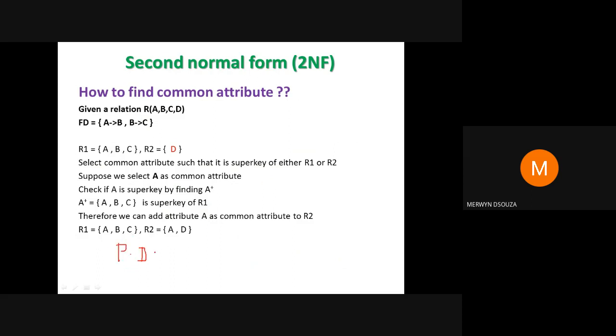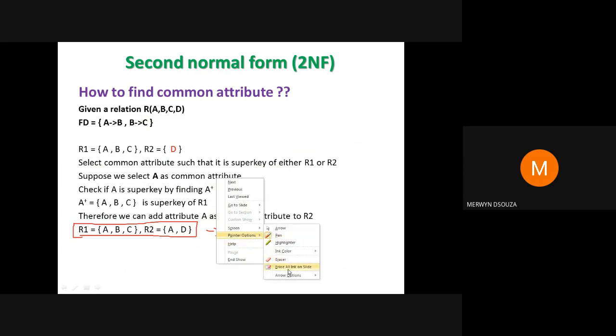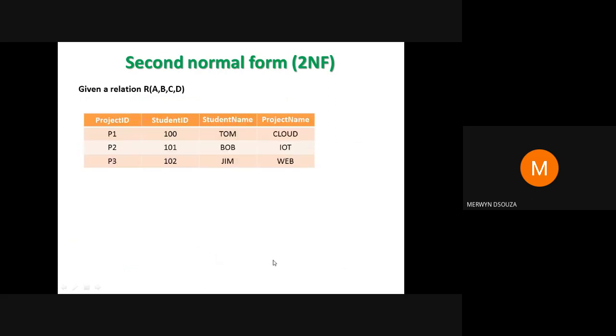So therefore we can now claim that this is the output of second normal form, or that R1 and R2 are in second normal form.